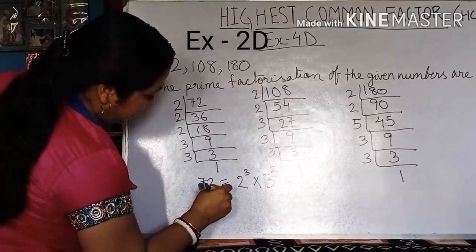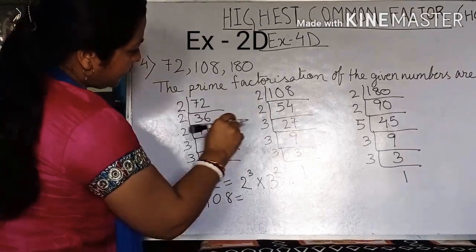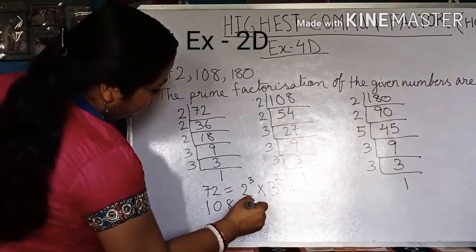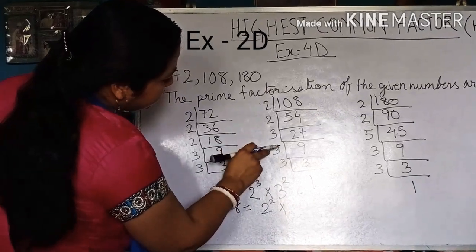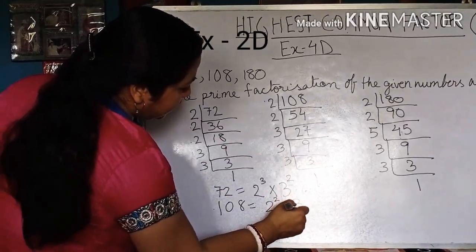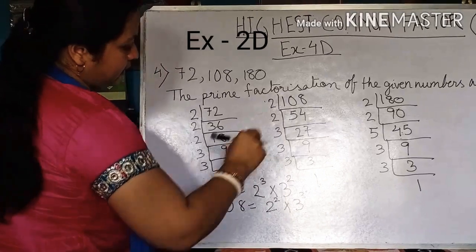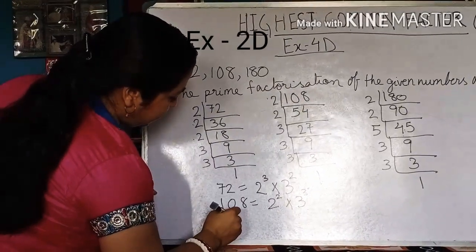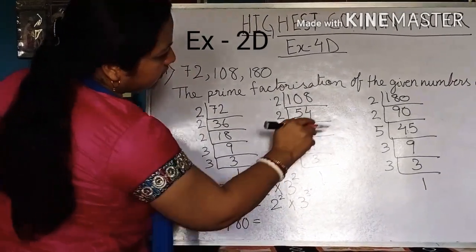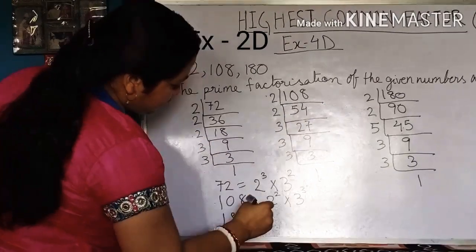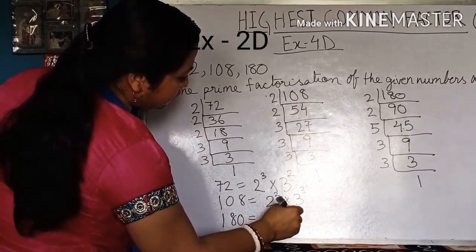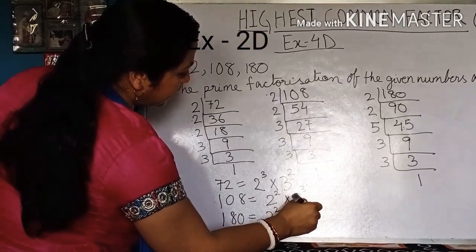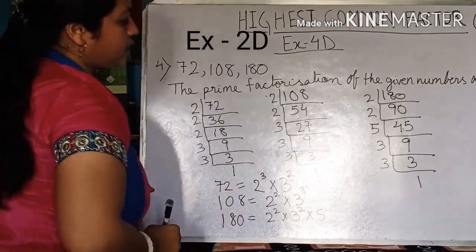Again 108 can be written as 2 to the power 2 into 3 to the power 3. And 180 can be written as 2 to the power 2 into 3 to the power 2 into 5.